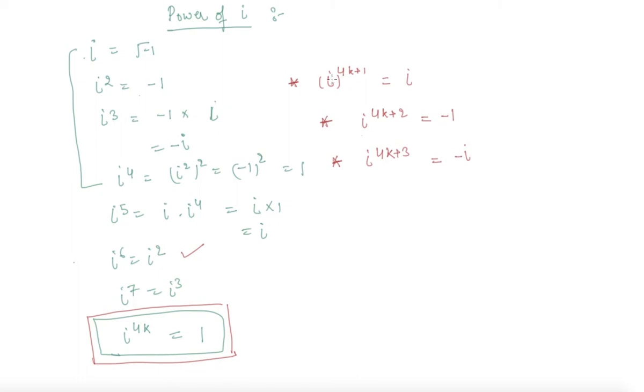So these are the four identities which you should remember to solve the questions.